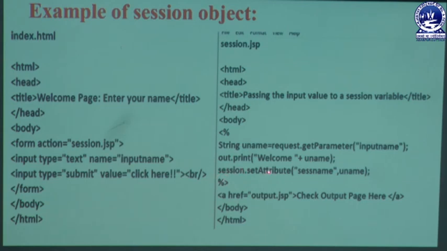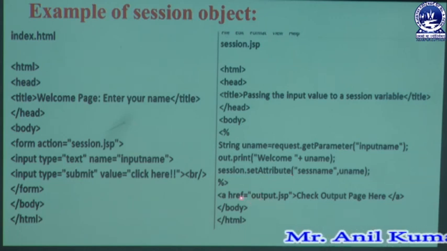And we can set a name for the session, session.setAttribute with sesname, and that sesname is equal to your uname. If your uname is set to sesname, it is automatically set as a session.